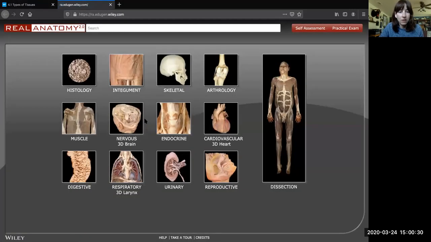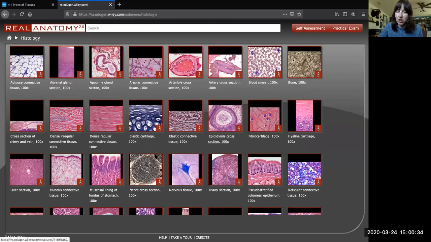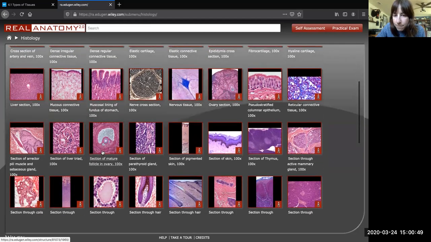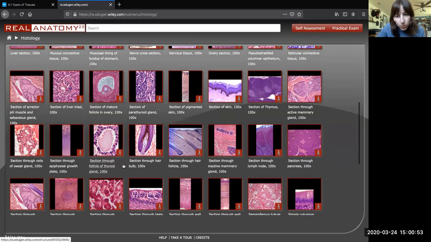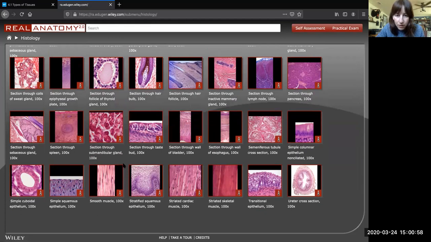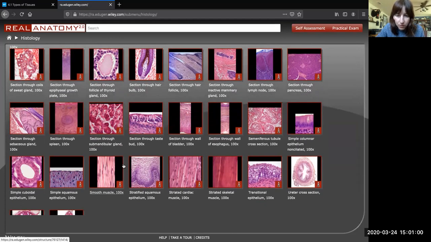This is the cool stuff here. So here's the Wiley Plus Real Anatomy version of our histology lab. And we should have all kinds of good examples of this too. Artery and vein, ovary, looking for a lung or kidney. Mammary, hair follicle, seminiferous tubule.